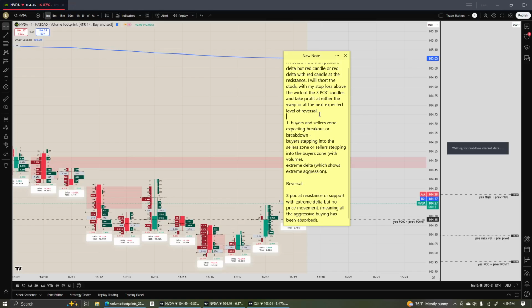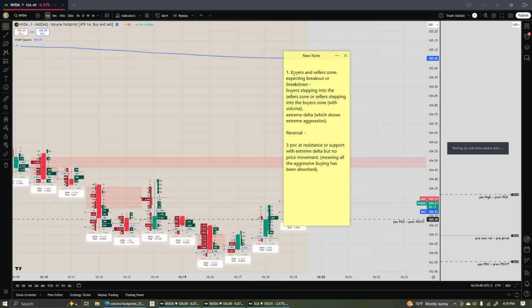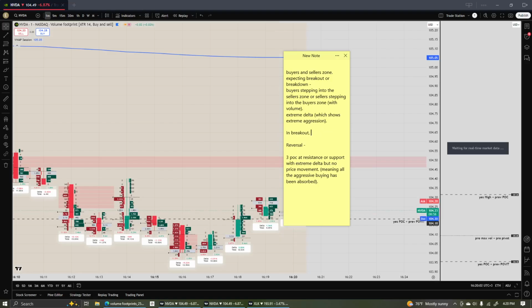In breakout, I am looking for delta confirming the price action.